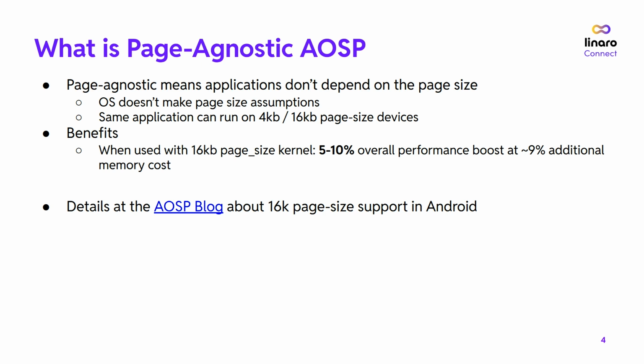It's not just about making the OS or applications page size agnostic, but also optimizing them for larger page size when available. 16K page size AOSP builds report a 5 to 10% increase in overall performance at a 9% additional memory cost. And you can check out this AOSP blog for more information on the 16K page size enablement and 16K page size support in Android.